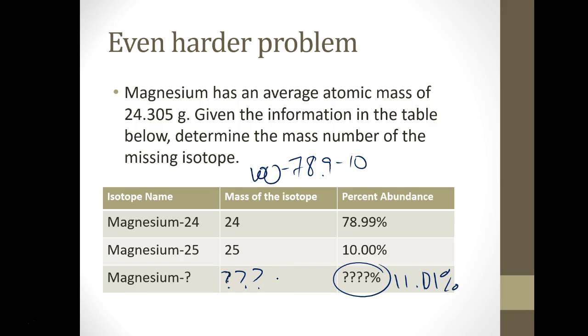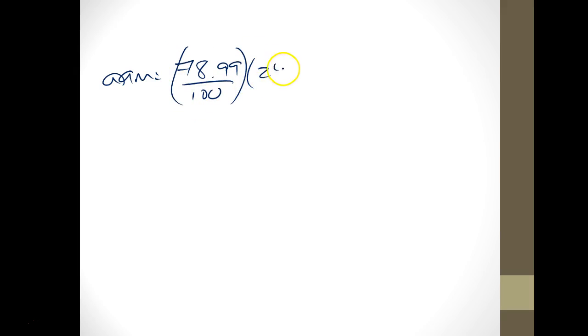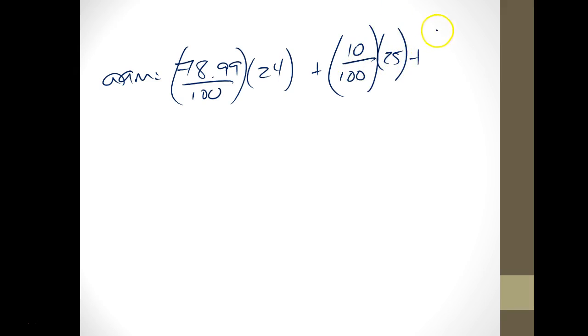This requires a little bit of algebra, and I'm going to switch over to the other side to do it. I think I have a blank slide. Yep. So the average atomic mass equals the first one, 78.99 over 100, times how much it weighs, which was 24, plus 10 over 100, times how much it weighed, which was 25, plus the 11.01, which we found, times how much it weighs, which we don't know, and I'm going to call that x.